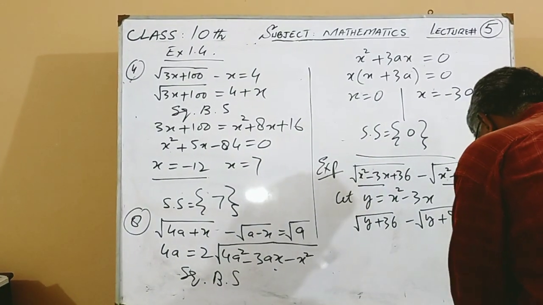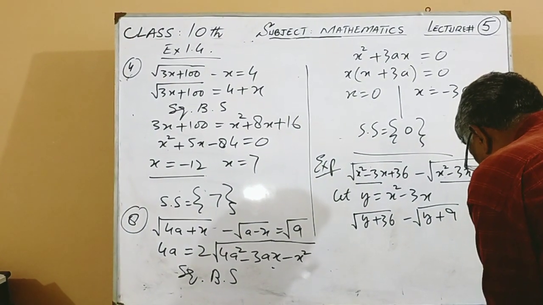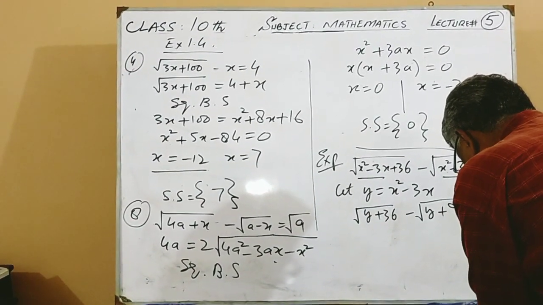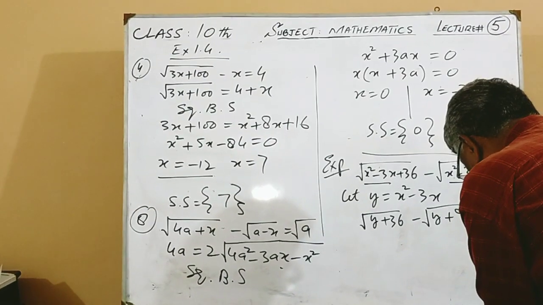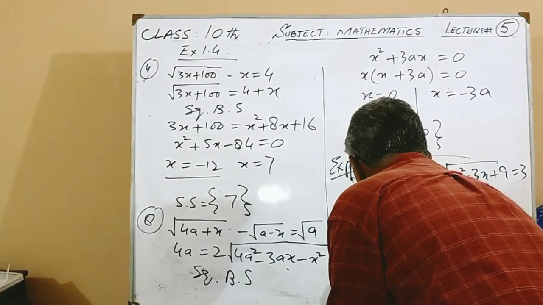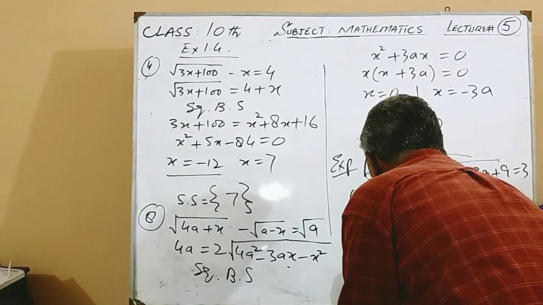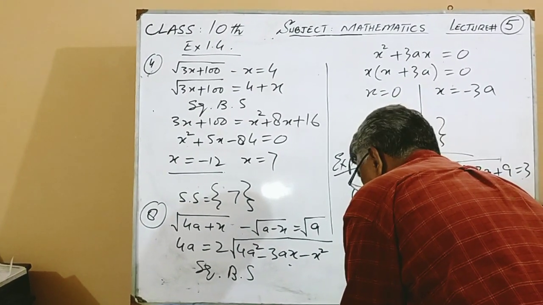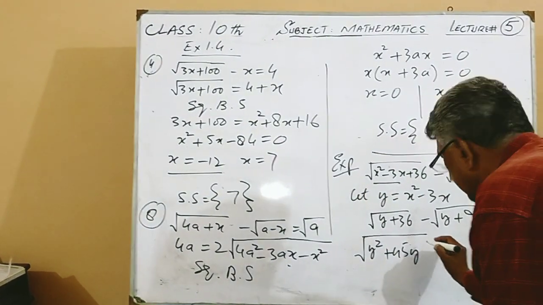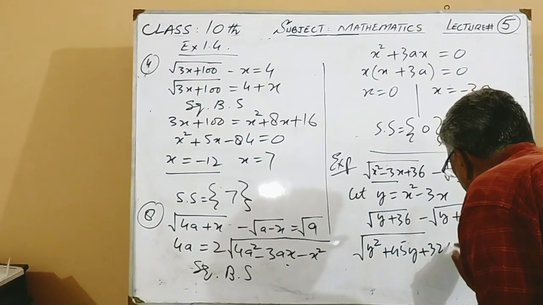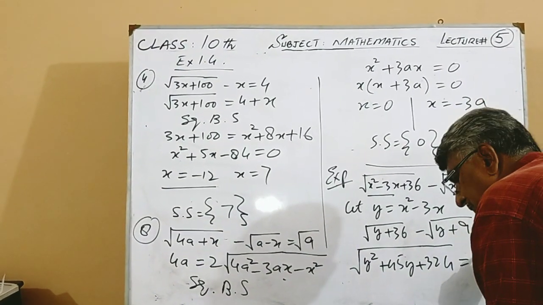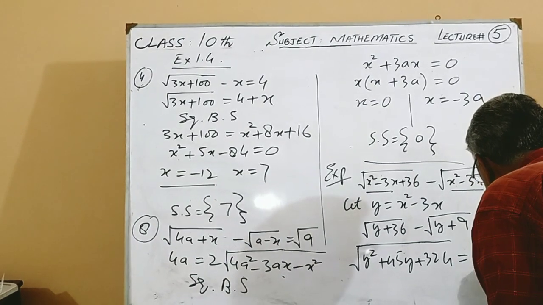Then you will square both sides, and after squaring both sides you will see that the answer of this step is 45 plus 2 times the root, and this is 324 and is equal to y plus 18.